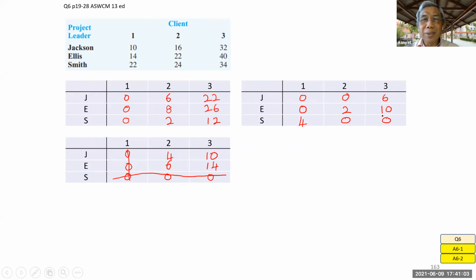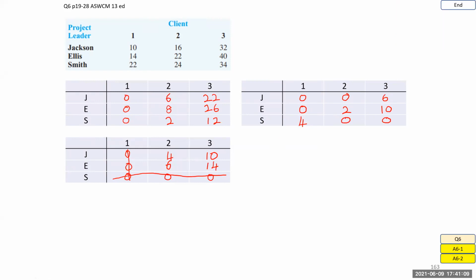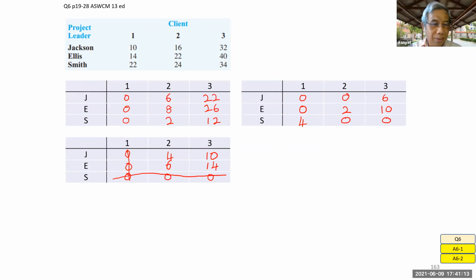And then what? Draw lines again. Now, which way do you like? You can draw this way, this way, or this way, whichever. For the first 0, how do you like to cross, horizontal or vertical?